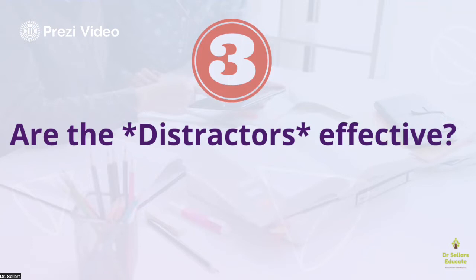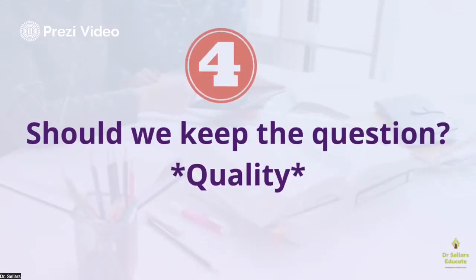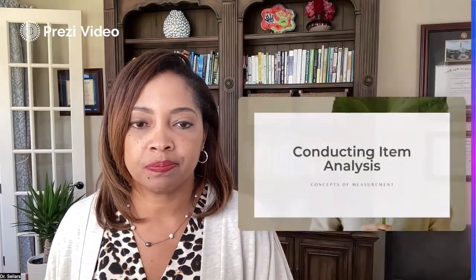For the 3 options that were incorrect, what percentage of students chose those options as opposed to the one that was correct? The fourth component, the lone Q that we talk about, is quality. Should we keep the question? That's the fourth level of questioning that you want to consider as you take a look at the exam analysis components from the report that you will receive.